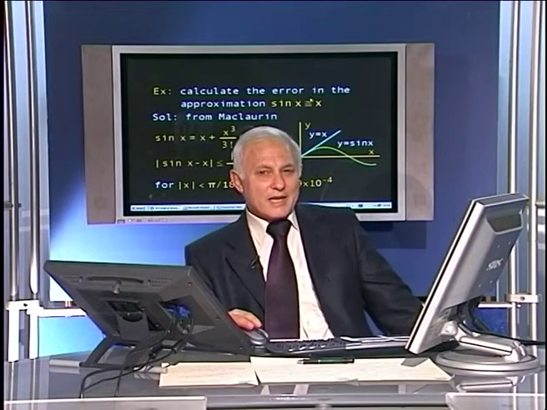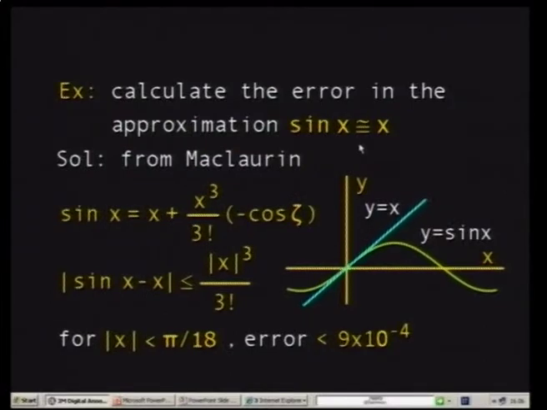So here, for example, sine x is equal to x minus x cubed divided by factorial 3 times the derivative, because here you truncate after two terms. Instead of truncating after the first term, of course, you can say this.